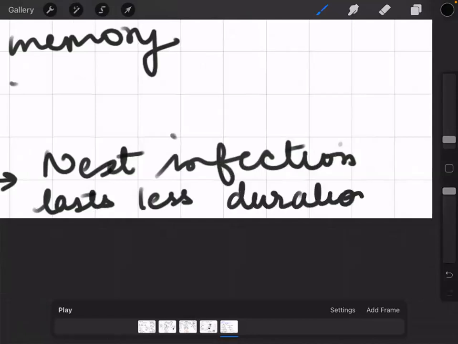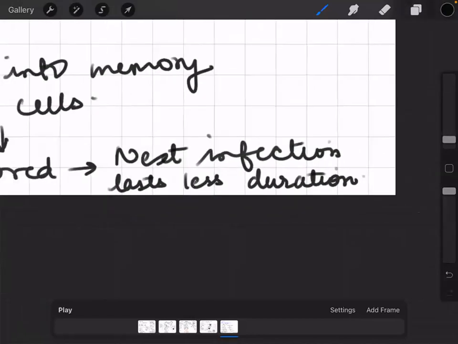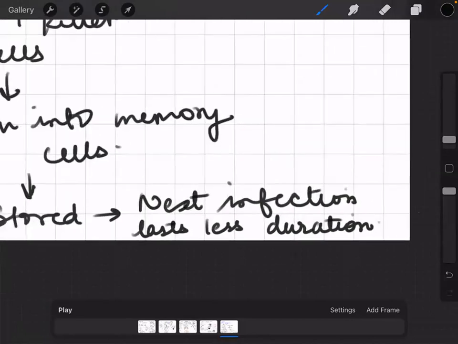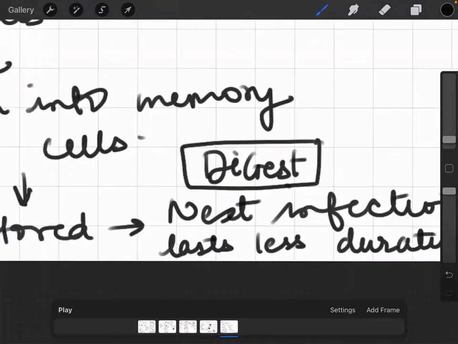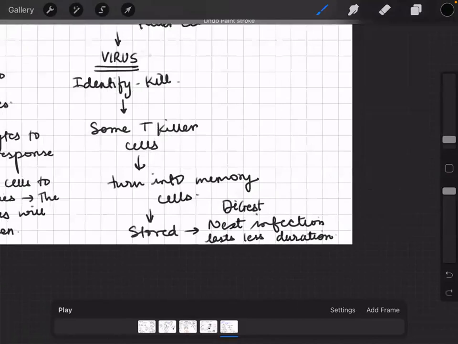And that is all that you need to understand for the pathway in which this is going to be done. When we talk about the T killer cells, they are going to digest the virus away.